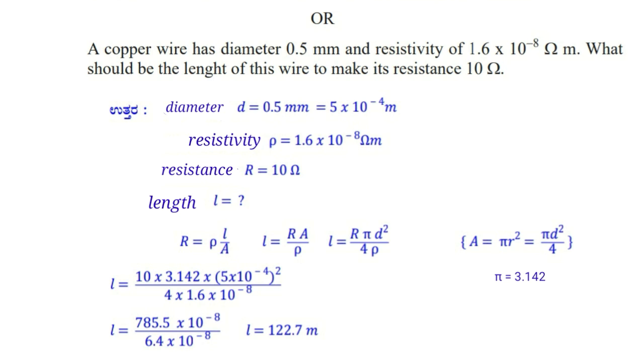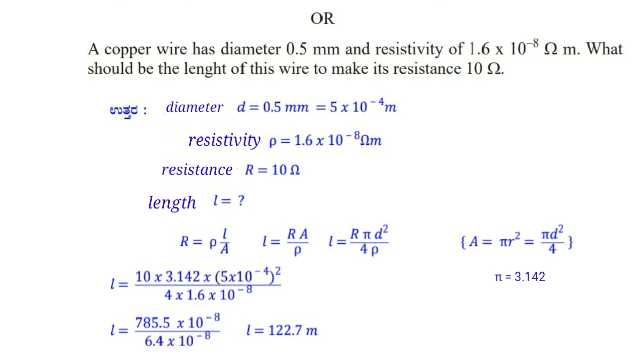It can also be written as 5 into 10 to the power of minus 4 meter. Resistivity, that is rho, is equal to 1.6 into 10 to the power of minus 8 ohm meter, and the resistance is 10 ohms. We have to find the length of the copper wire. Now let us use the formula. R is equal to rho L by A.